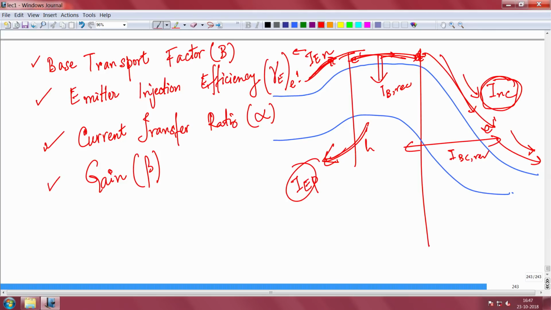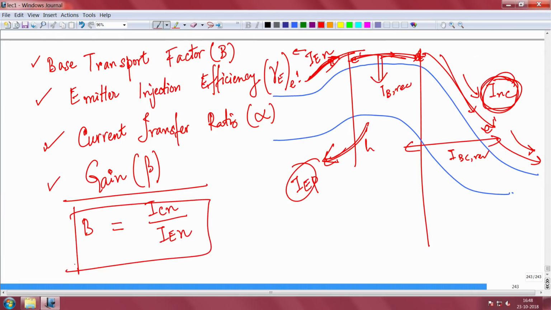So first I will discuss what the base transport factor B is. The base transport factor B is defined as the ratio of the collector current, this one, divided by the emitter electron current, this one. If you look carefully, it is basically what fraction of these emitter electrons have reached this point and gotten collected as collector current.